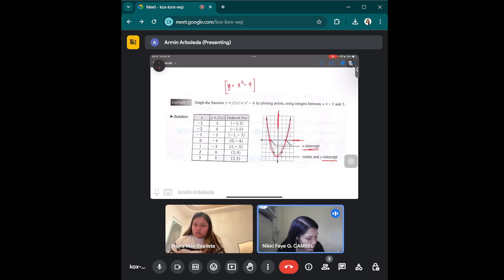So these two are your x-intercepts. And you also have your y-intercept here, which is also the vertex, because this graph is touching the y-axis here.